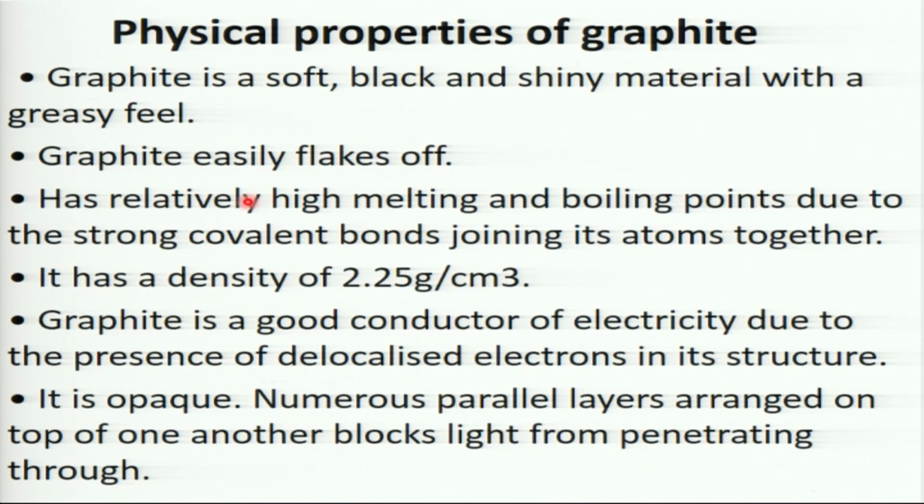All right? So the density of graphite is 2.25 grams per cubic centimeter.